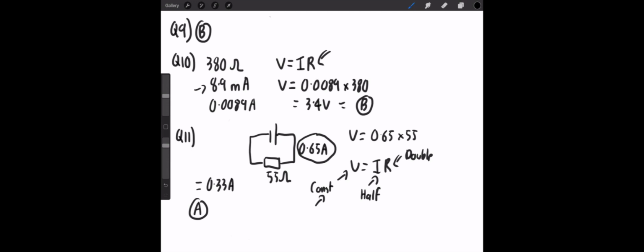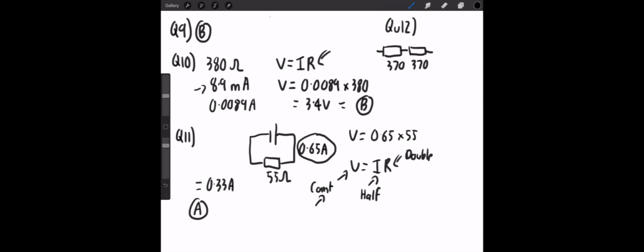And finally, I'll just do it up here, I'm running out of space. Question 12. Two 370 ohm resistors and an 85 ohm resistor are connected in series. What is the total resistance of these three resistors? We just add them together, but please do read the question. There are two 370 ohm resistors, not one. I think that caught a few people out.